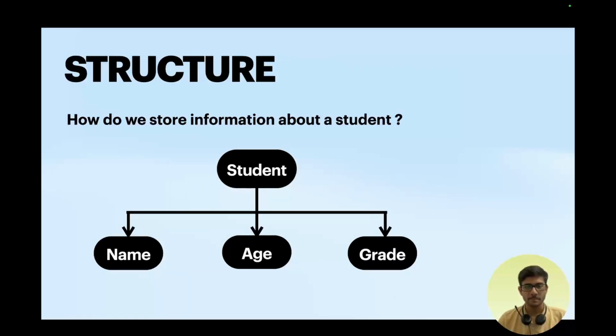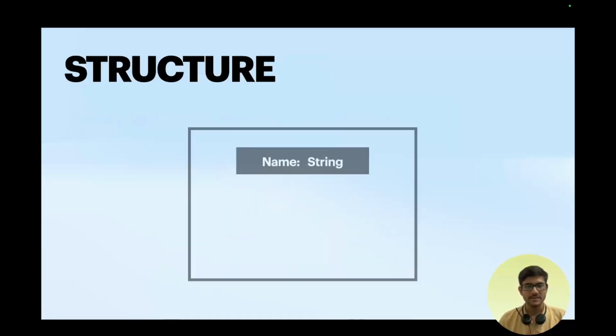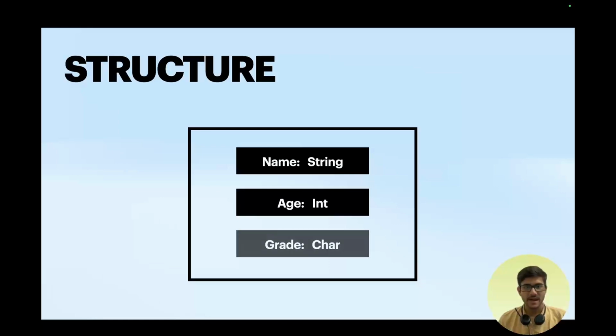But a student will have all these three things, and we do not have any student type of primitive data type in C++. We have to create our custom data type. So in this custom data type, we will have name, age, and grade. Name will be a string, age will be an integer, and grade will be a character.